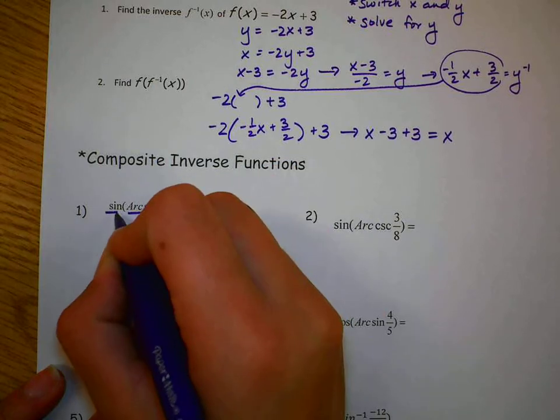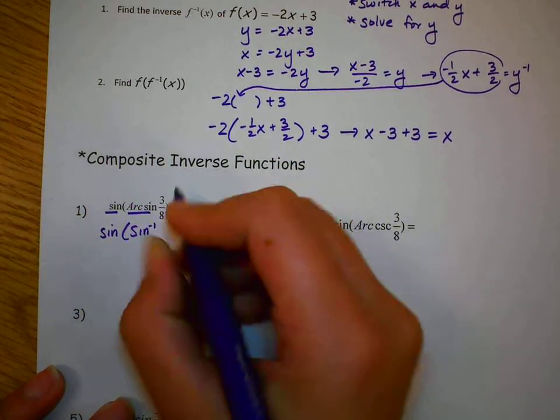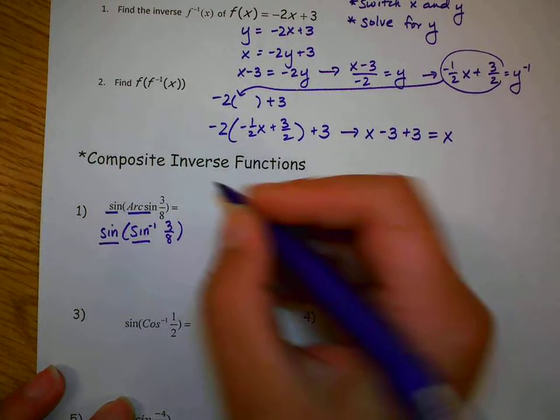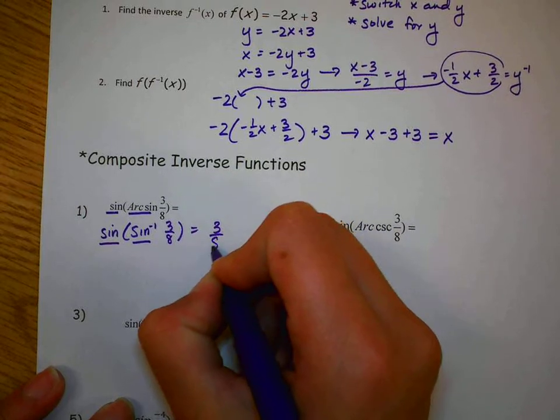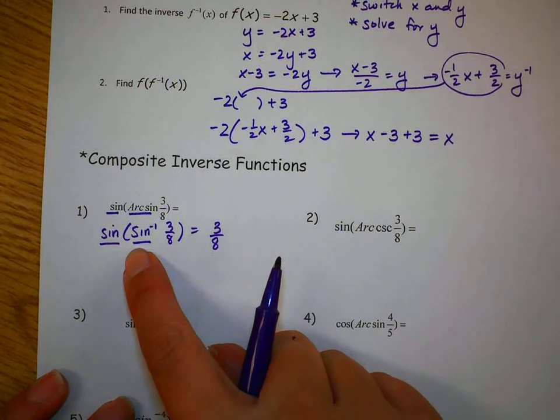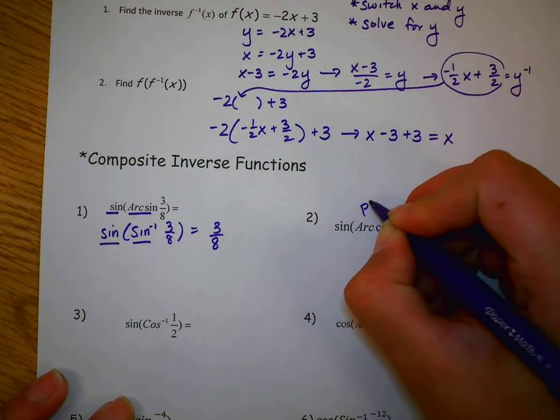So this is sine, and this is that little -1. So these two things cancel each other out. So my final answer is 3/8. Okay, notice this is principal values. So here, principal value again, so I'm going to put a little note there.